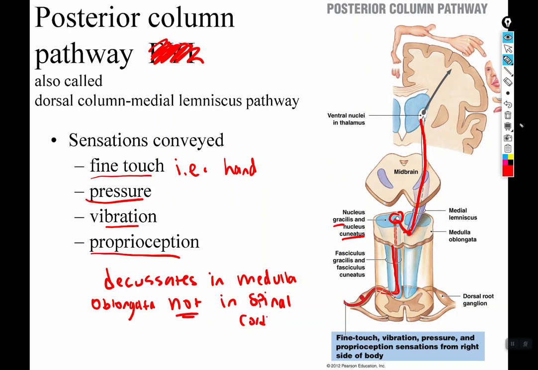So fine touch, pressure, vibration, and proprioception, and they do decussate, so one side of the body is sensed and perceived by the opposite brain area.